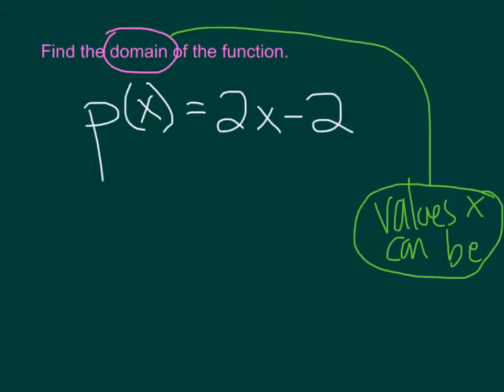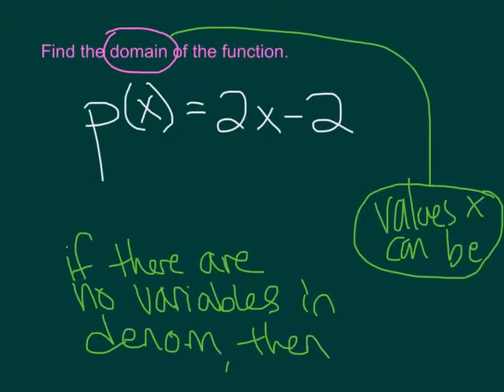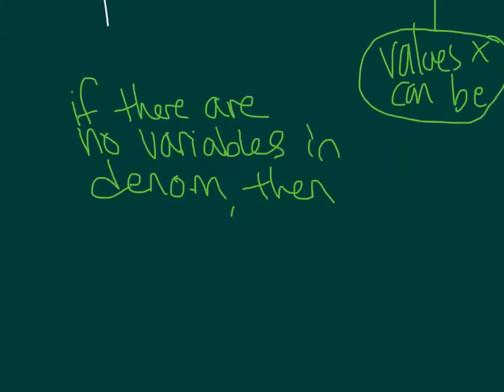In this case, since we don't have any variables in the denominator, we're not going to have any undefined possibilities. So if there are no variables in the denominator, then x can be anything.